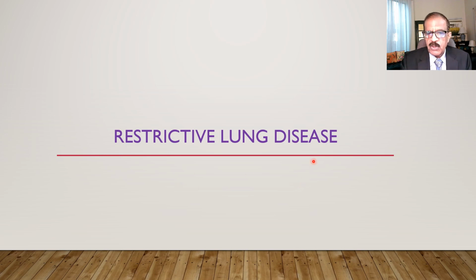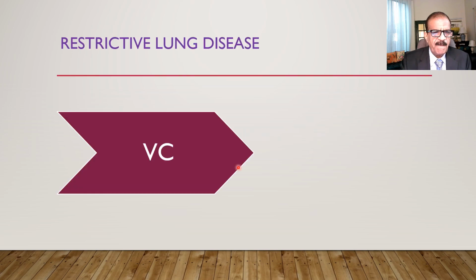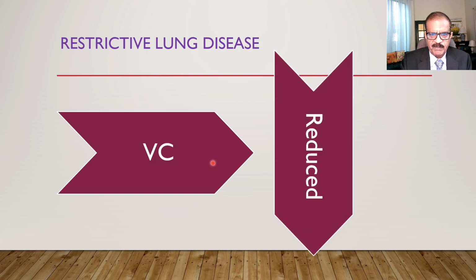Now we are going to discuss the same parameters in restrictive lung disease. And you remember the example, interstitial lung disease and many other conditions. So just take the prototype as interstitial lung disease. Vital capacity is reduced.